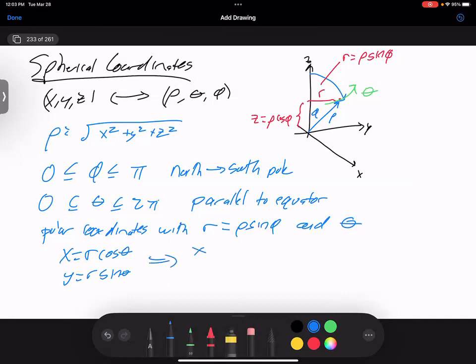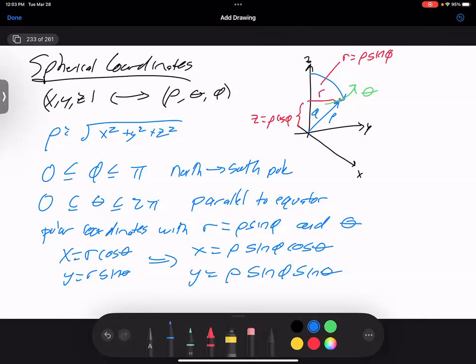So this becomes x is equal to rho sine phi cosine theta, and y is equal to rho sine phi sine theta. And this gives you how to pass from x, y, z to rho, theta, phi. And this is why we like to use phi as the angle coming down from the z-axis, because then it sets us up nicely to do spherical coordinates.